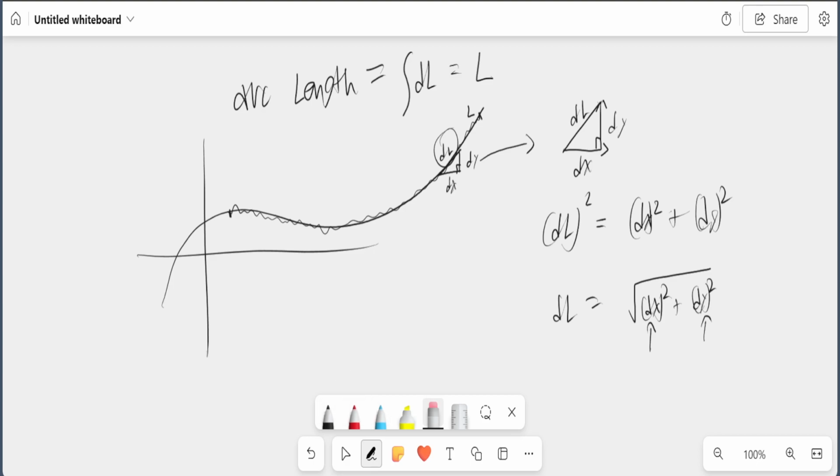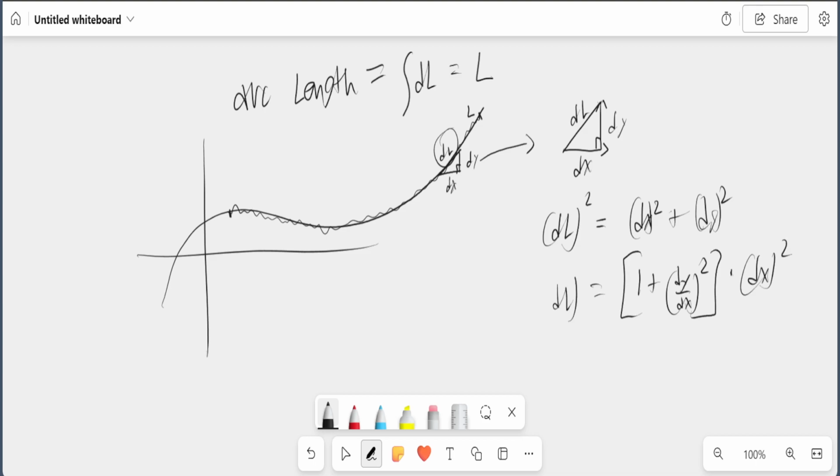So what we do instead is we say, hey, what if we factor out one of these, right? Which one do I want? Let me factor out the dx squared. So (1 plus (dy over dx) squared) times dx squared is equal to dl squared.